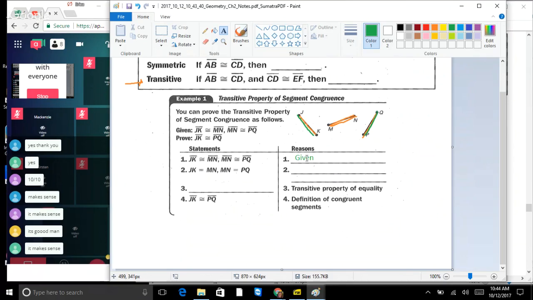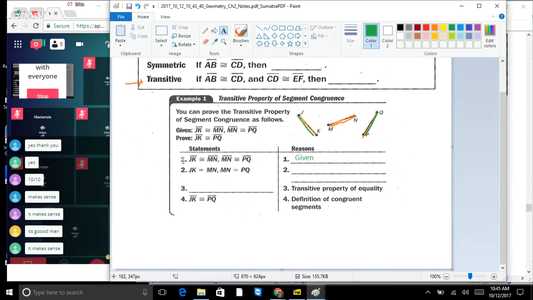So then we have JK is congruent to MN and MN is congruent to PQ. Next up we want to say that JK is equal to MN and MN is equal to PQ. Can you see when we go from step 1 to step 2, we're going from a statement of congruence to a statement of equality? We're not talking about congruence anymore, we're talking about equality, right?